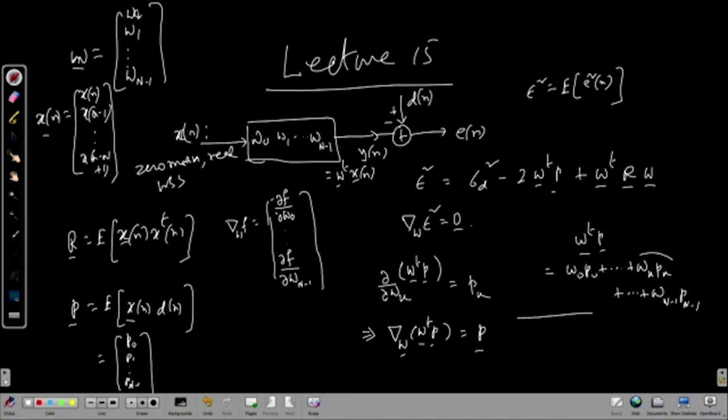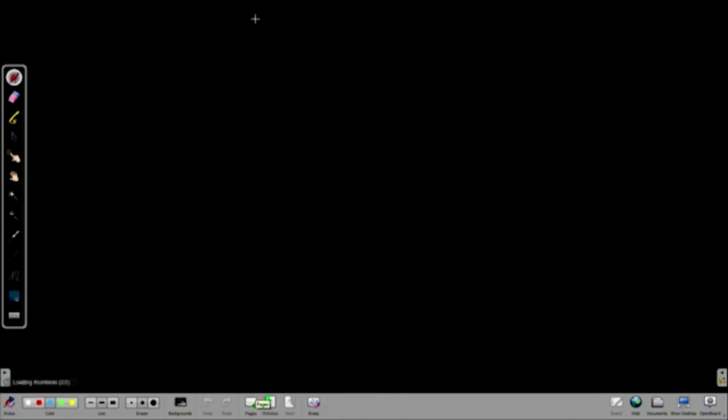So, one term is minus 2 P, since minus 2 W transpose P differentiated gives rise to minus 2 P, and then another term will come from W transpose R W, but that requires a more involved derivation, which I will do now.